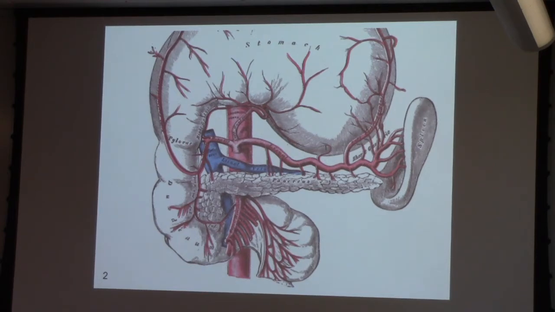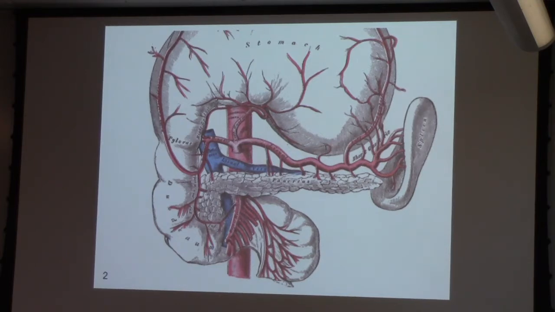The whole thing is the abdominal aorta. Has this been said yet? That one hasn't been labeled yet. The hepatic artery? That's the hepatic artery. I think we're done with the major arteries.